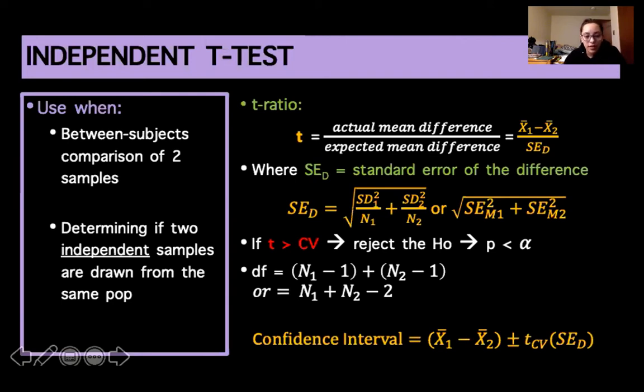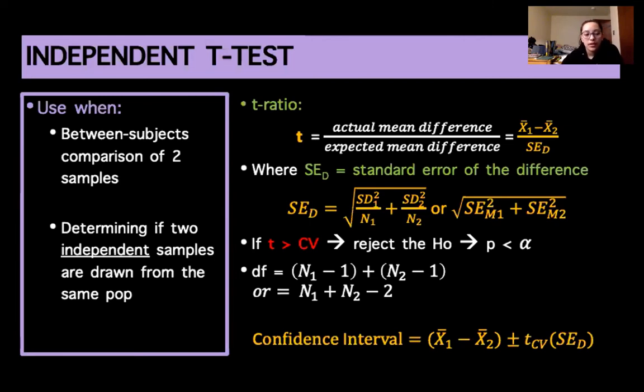If t is greater than the critical value at a given level of confidence and a given degrees of freedom, which in this case is total n minus 2, then we can say we reject the null and our p is less than the alpha that we set when we started writing our stats.